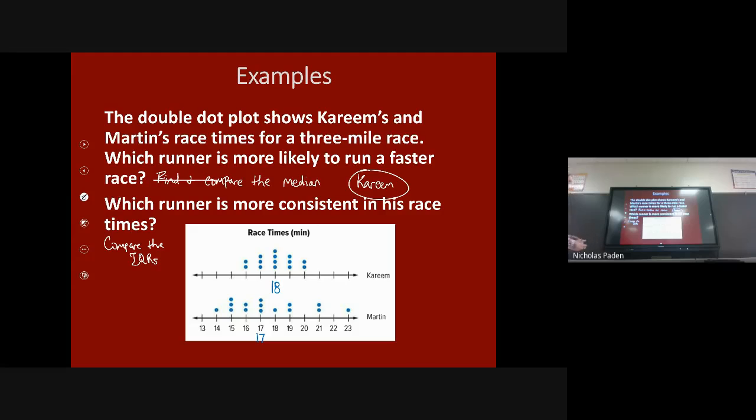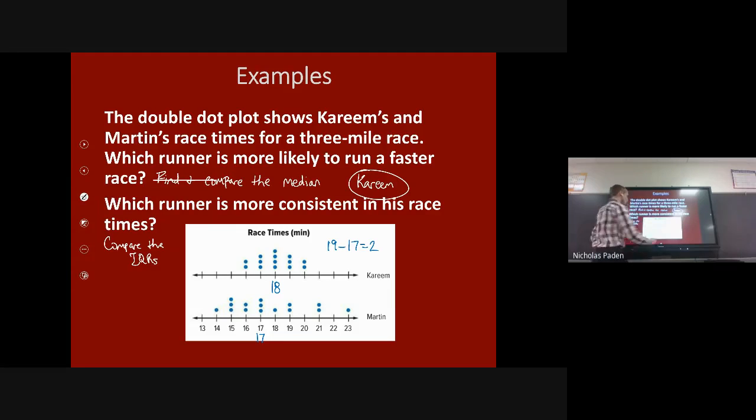Then the question is which runner is more consistent in his race times? For that one, compare the IQRs, and I think it's going to be pretty easy to see. The Q3 for Kareem is going to be 19 minus 17, so I'll write that here. So we would have 19 minus 17, which is 2.